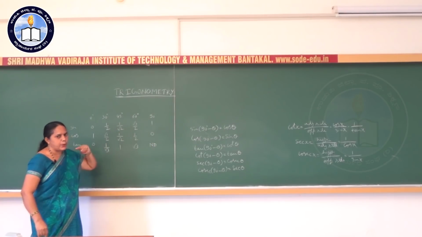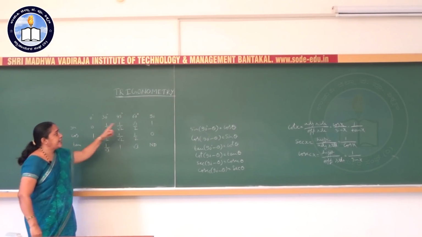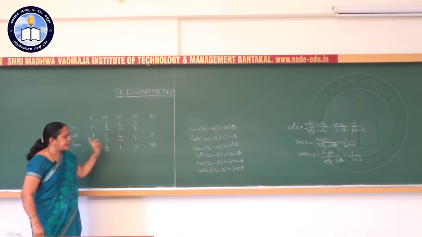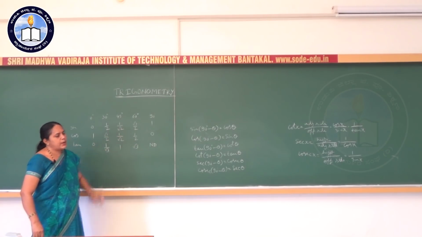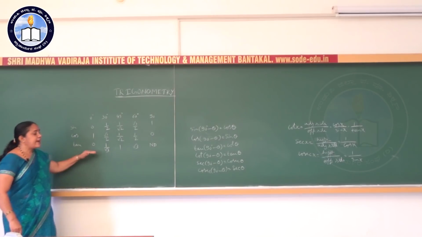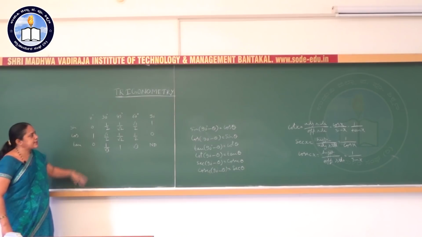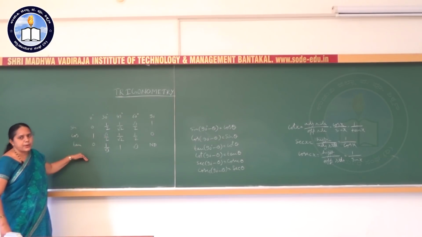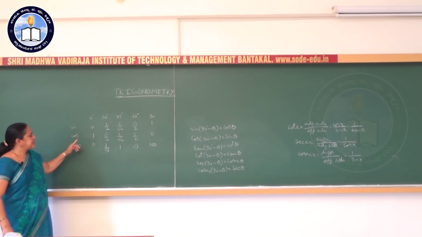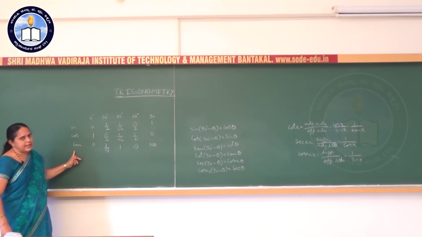Tan 90 is sine 90 by cos 90, that is 1 by 0, which is not defined. The values of the other three trigonometric ratios are the reciprocals of sine, cos and tan.